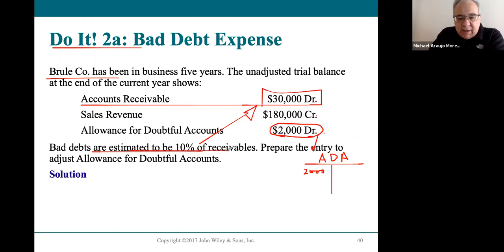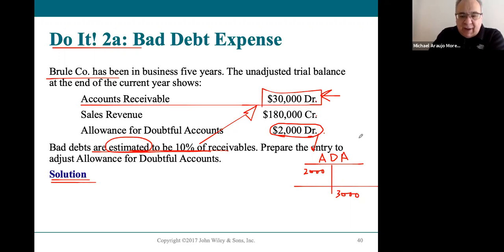What you've estimated is 10% of your receivables, which means when all is said and done, you want a $3,000 credit balance to be in the account because that's your estimate. 10% of your receivables is 3,000. So the question is, what are you going to write off that year?